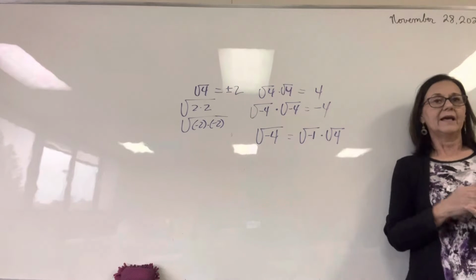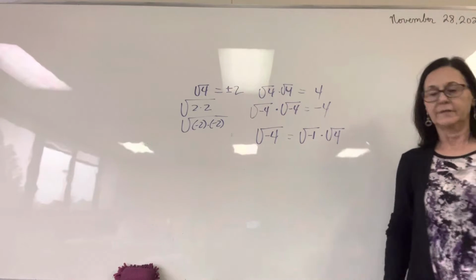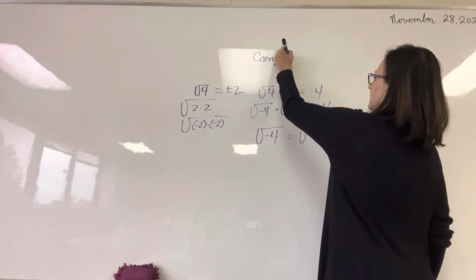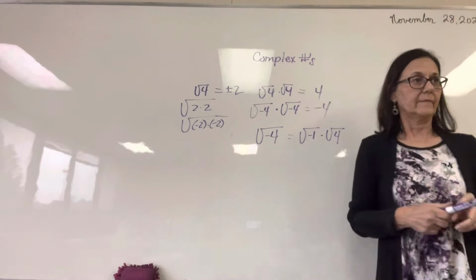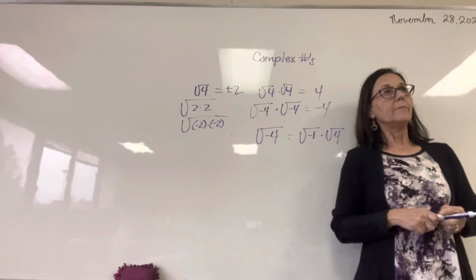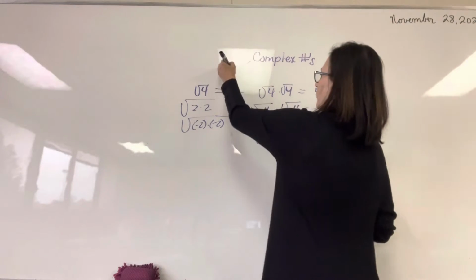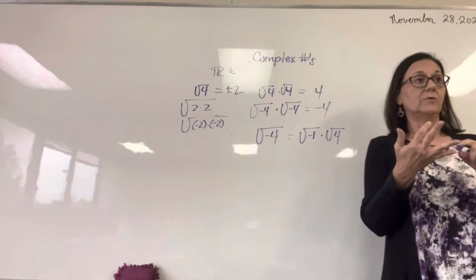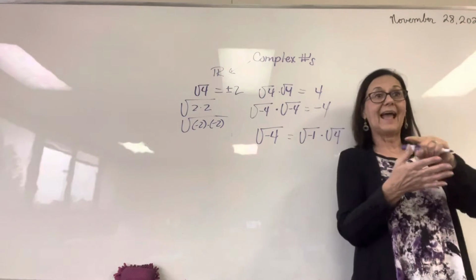Okay. This is where the idea of complex numbers comes in. So in the complex numbering system, we have real numbers, which are irrational, rational, integers, whole numbers, counting.